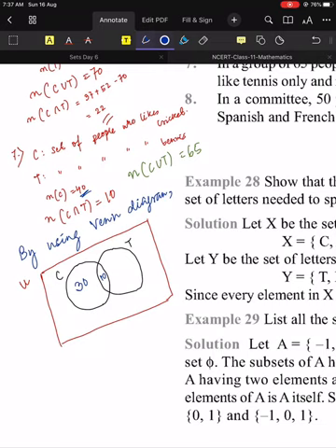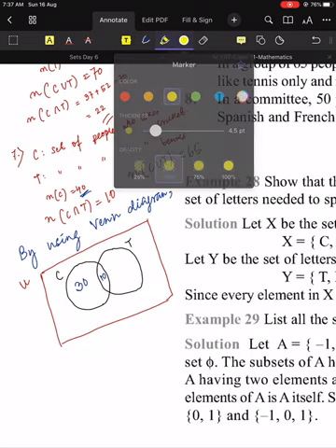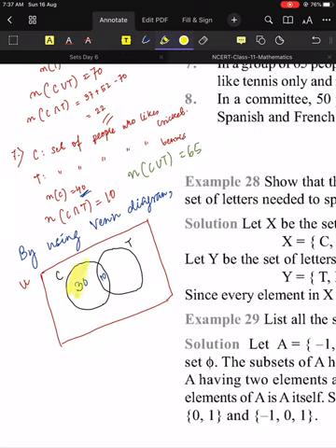Now look here, N of C union T is 65. If this region is 30 and this region is 10, this region is your N of C union T.